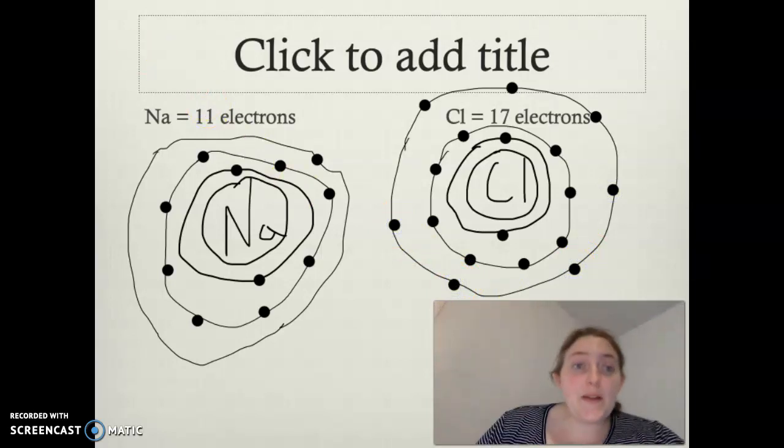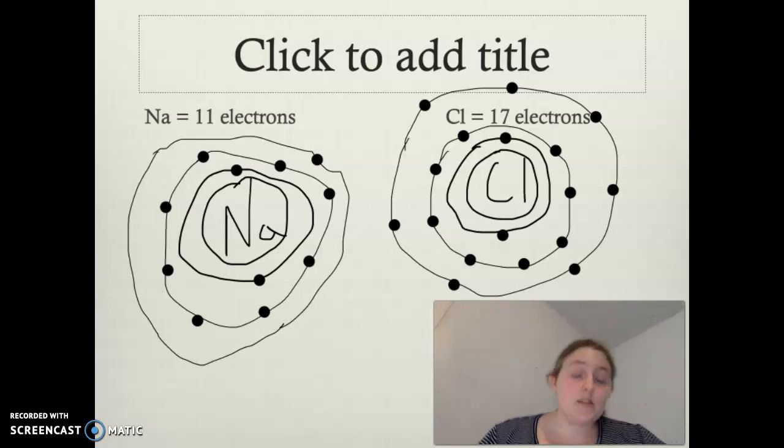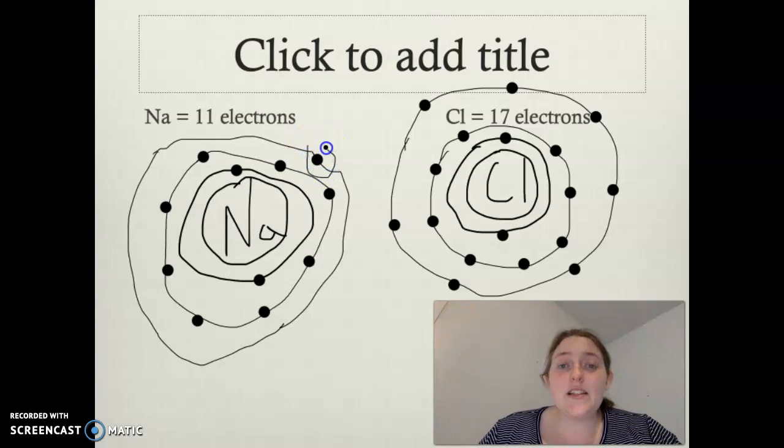In order for them to become content, somebody has to give up something. And I doubt it's going to be chlorine, because chlorine's almost full. Chlorine's not going to give away all that. The more it gives away, the more discontent it will be, and it will take longer for it to be content again. Sodium, however, only has a little bitsy one. So what will happen is sodium will gift chlorine this little one right here.